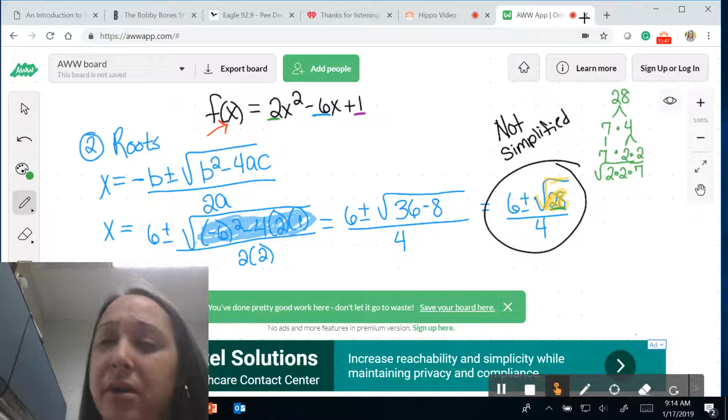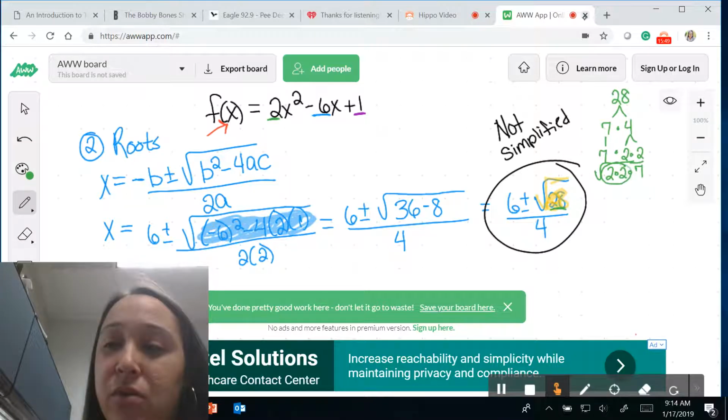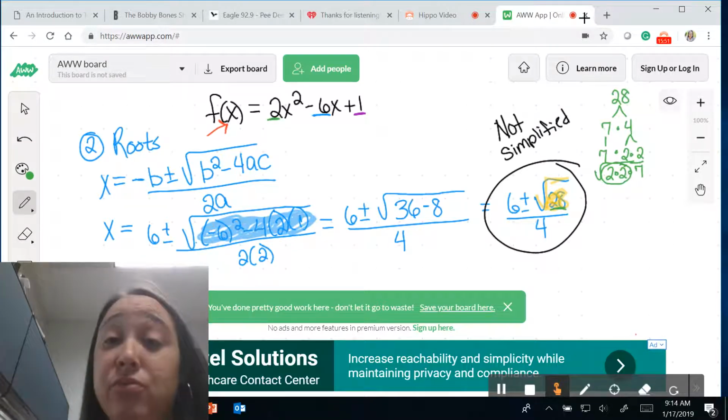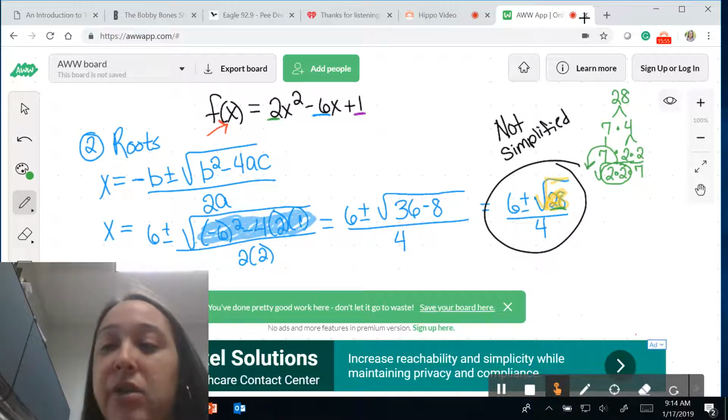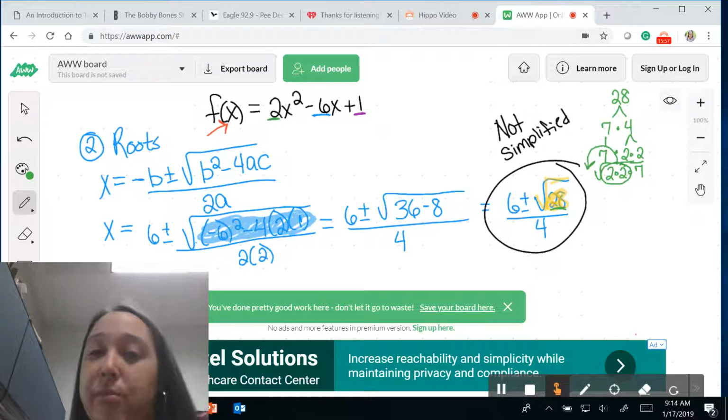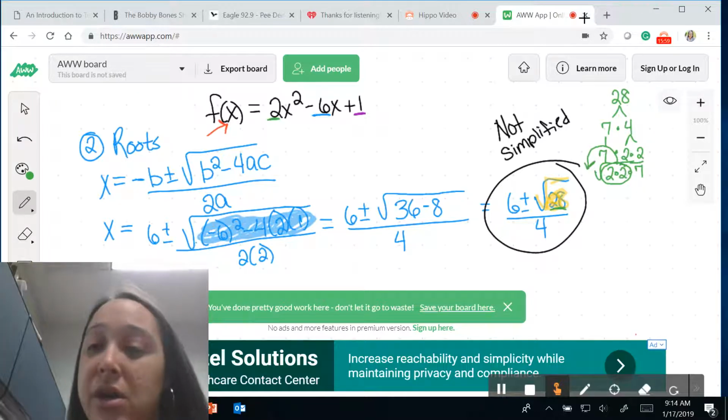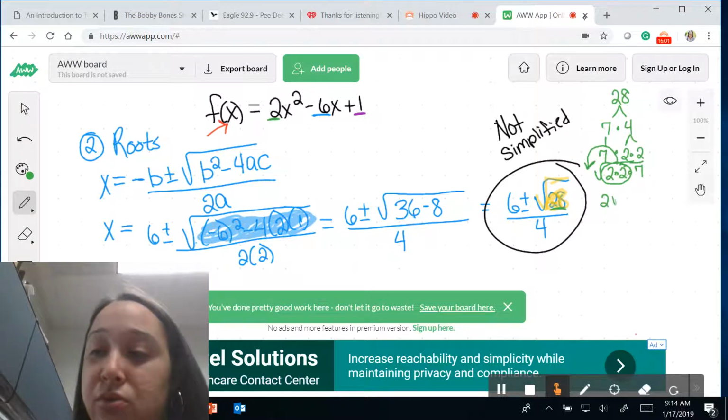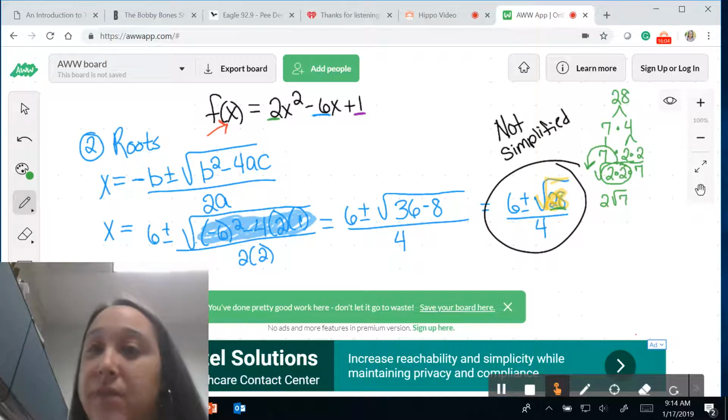If you remember, to simplify a radical, what you need is groups of 2 when you're talking about a square root. So I circle my groups of 2 and make a note that that will come outside. I will bring that outside of that radical, and that will become 2 square roots of 7.